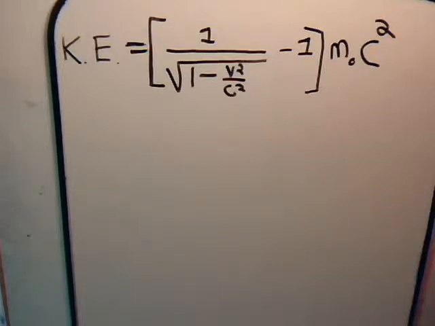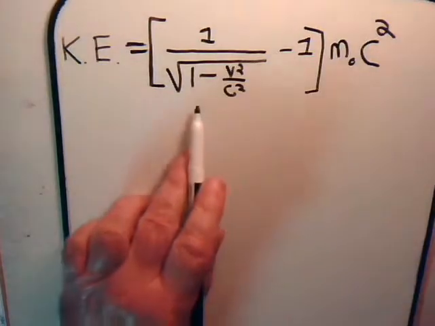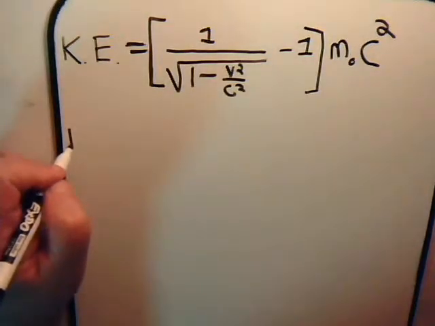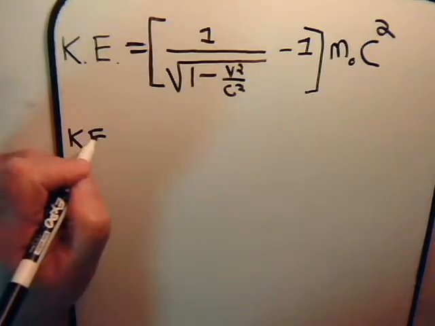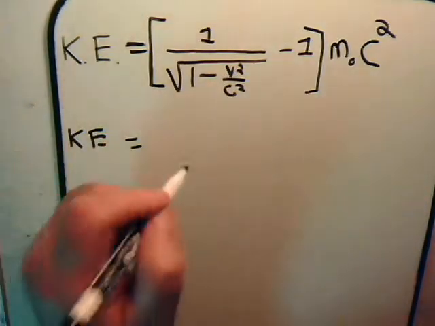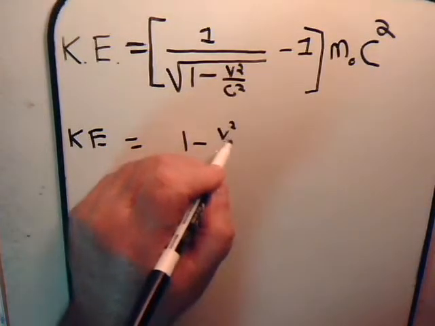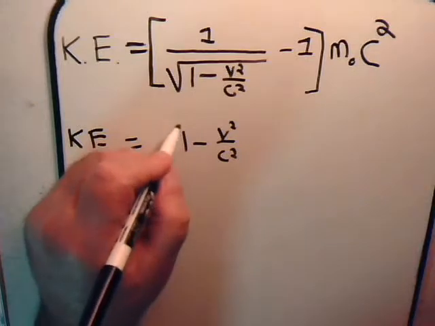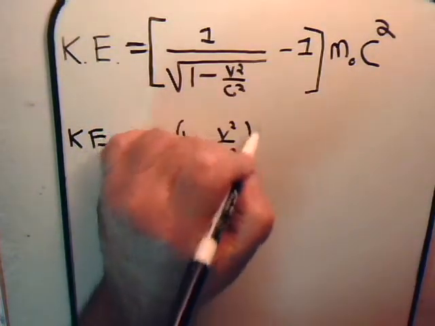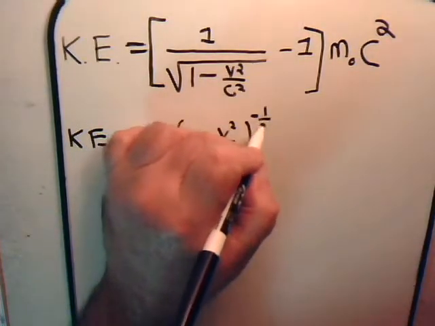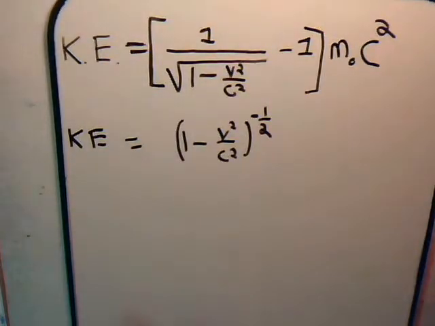What we're going to do is get an approximation for this formula by using the binomial expansion when we have a negative coefficient. First, let's just rewrite this part of it. We can say that the kinetic energy equals 1 minus v squared over c squared to the negative 1/2.